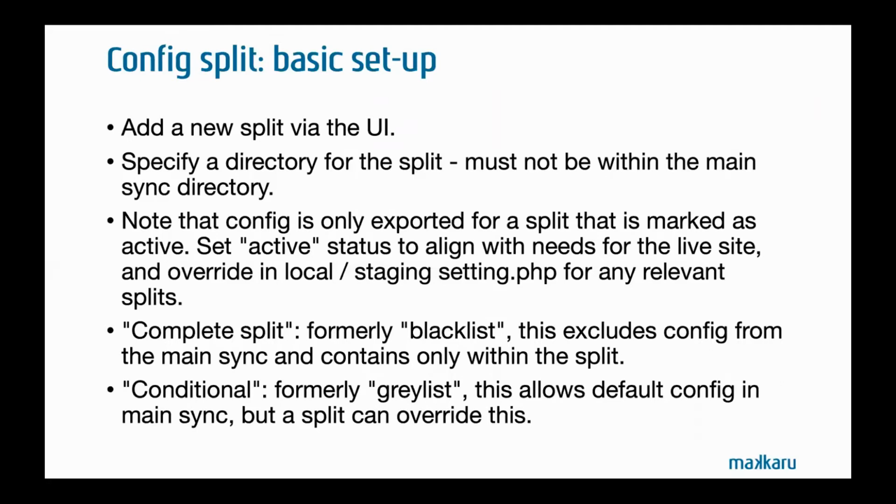But conditional allows you to have some default configuration in the main sync, where the split overrides it if it exists. So the former, complete split, would be, say, the devel module settings. You take them out of the main sync and only have them in your dev split. Conditional might be more your should error messages be displayed. Your main sync, of course, says no, but your split on dev can override it to say yes, show everything with that trace.